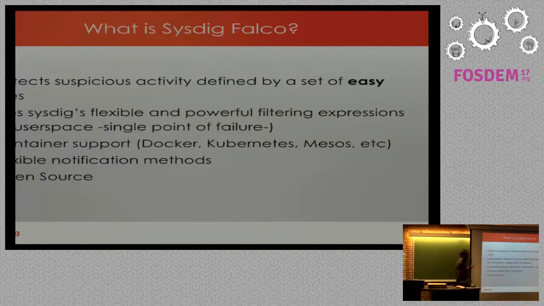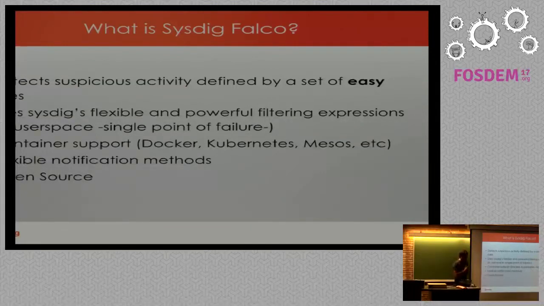So we came up with a piece of software that allows you to define different rules in a very easy way. We cannot block things, we can just alert. This is like a security webcam sort of thing. And because we are running in user space, we can do things that you shouldn't do at the kernel space.